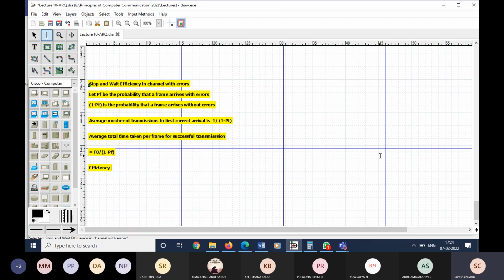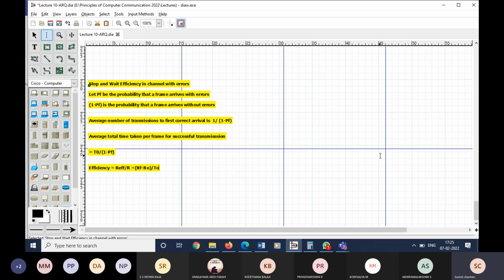Efficiency during the with errors channels, right? So whatever we had the previous formula, that is the R effective divided by R. What was the R effective? R effective was the total number of bits in the frame minus the overhead bits in the frames, that is the N0, right? And divided by T0.